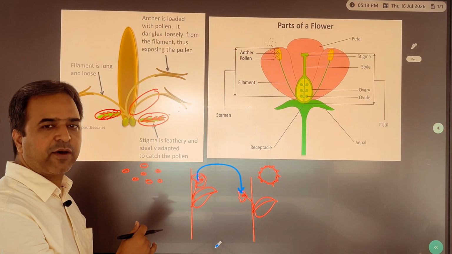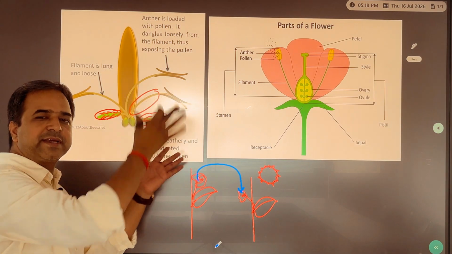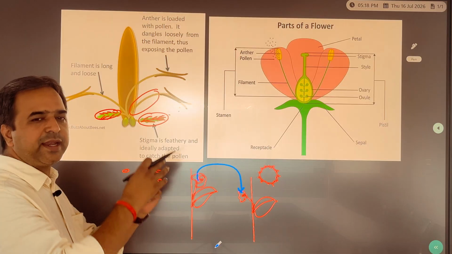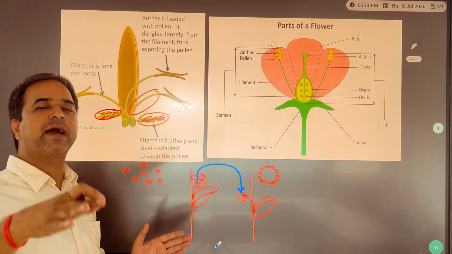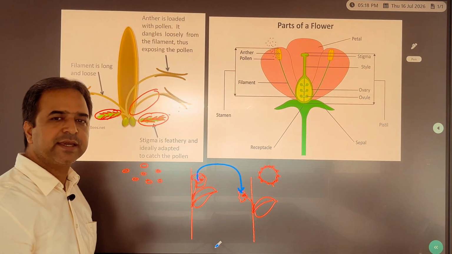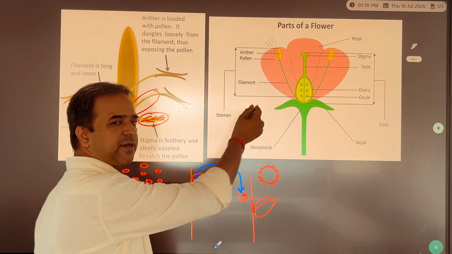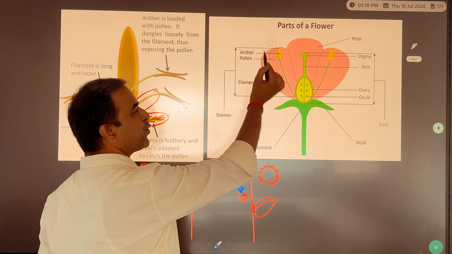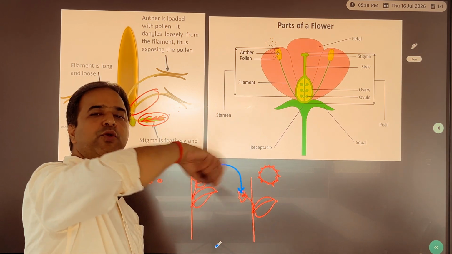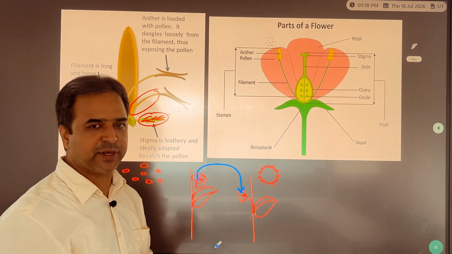So in wind pollinated flower also, suppose one flower is shaking its pollen grain, and that pollen grain is carried away by wind and it is fertilizing the next plant. Same way here in insect pollinated flower, insect carries this pollen grain and it is carrying it to a different flower. So this is cross-pollination.